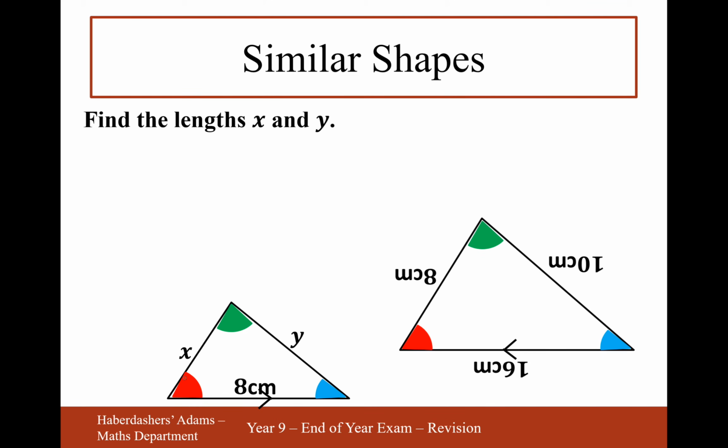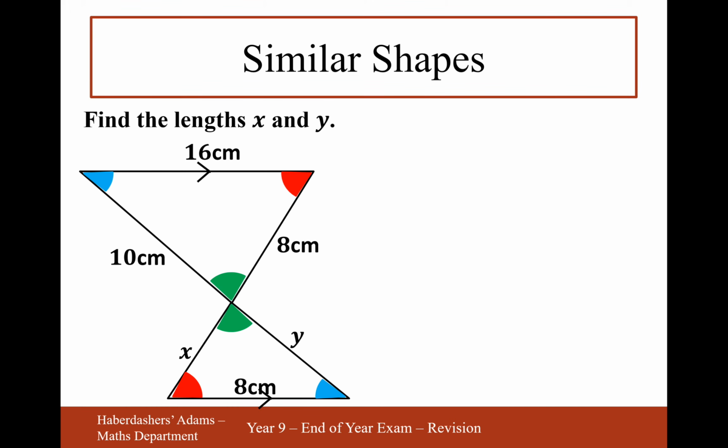What we need to remember is that x and 8 are in between the red and the green angles, and y and 10 are in between the blue and the green angles, so those must match up, and so must the 8 and the 16 on the bottom. So the scale factor here looks pretty easy. Let's now put this triangle back, because that's how you're going to have to do the question in an actual exam.